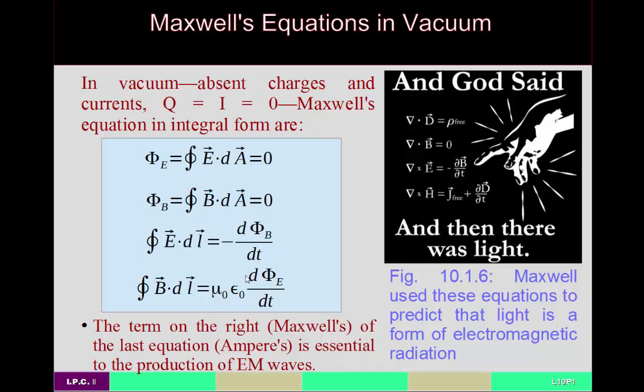And this last term is the term that Maxwell basically added to Ampere's law, and it's absolutely essential to the production of electromagnetic waves.